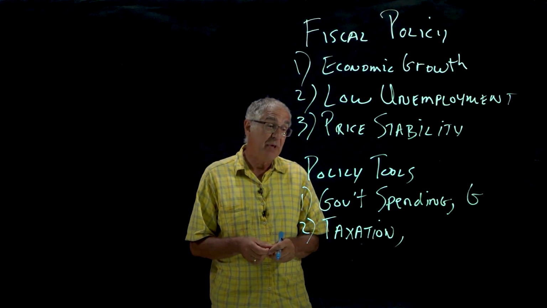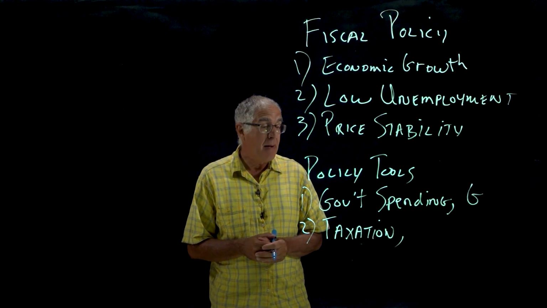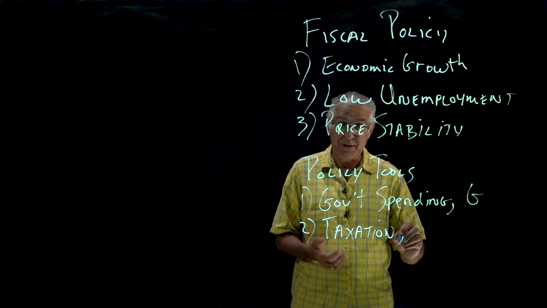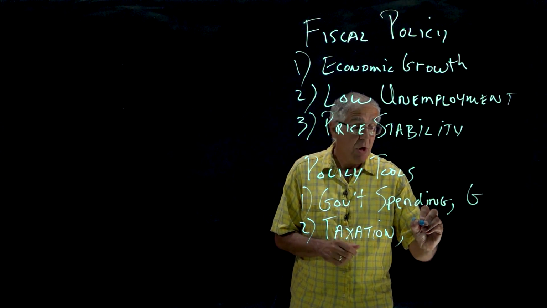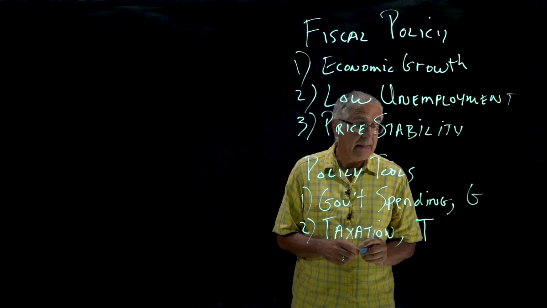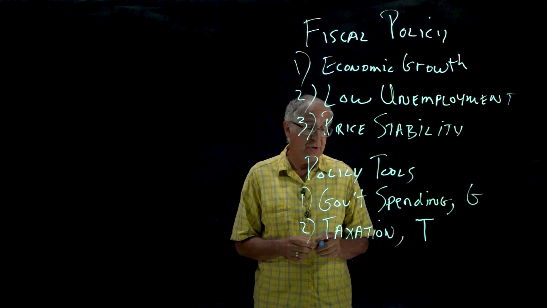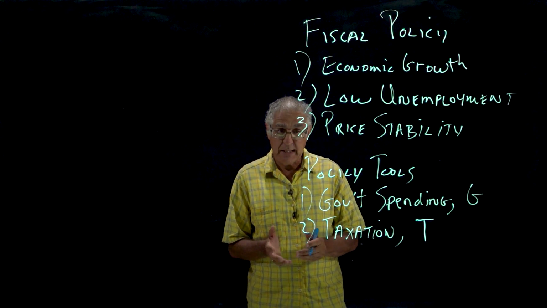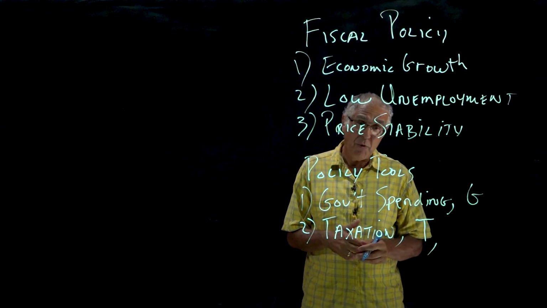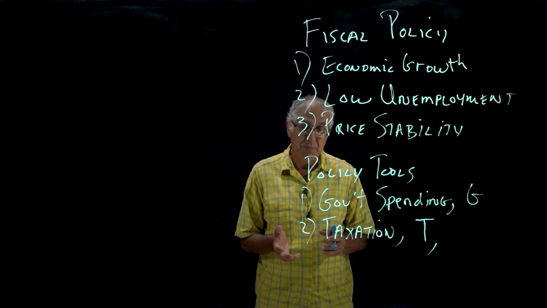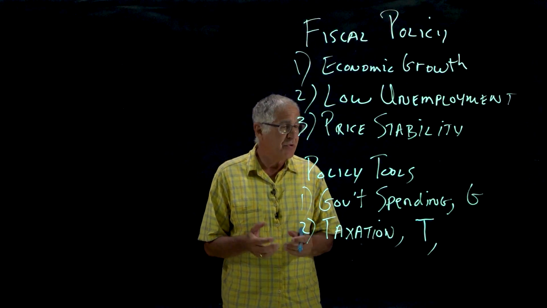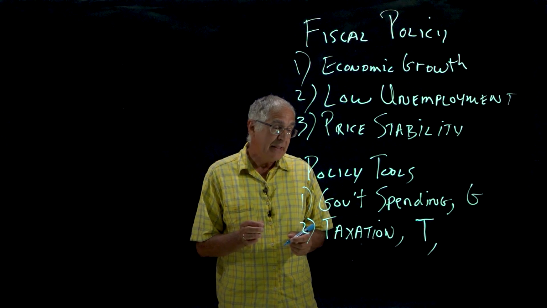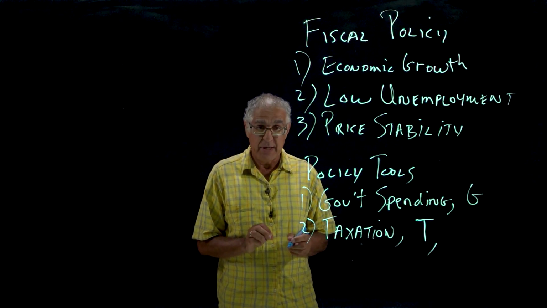And taxes can be of two types. One type is fixed taxation that does not depend upon income, and we refer to that in the textbook and instructor notes by using a capital T. These are taxes that do not depend upon income. But as well, we discussed in the textbook and the instructor commentary, and we'll discuss during these video tutorials as well, taxes that do depend upon income.